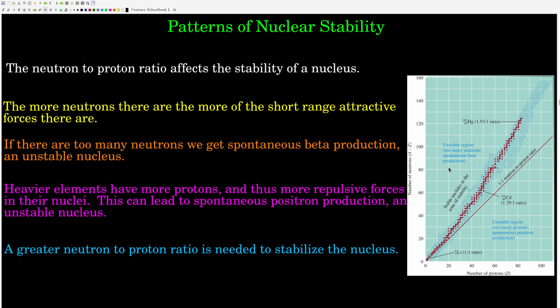It gives off a beta particle. Whereas if it's down here, then the neutron to proton ratio is too low. There are too many protons relative to the number of neutrons. And so it will decay, and it's common for nuclei that fall down here to undergo positron production, or emission. It gives off a positron.